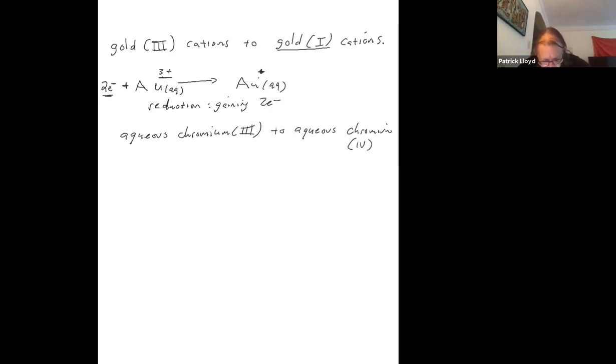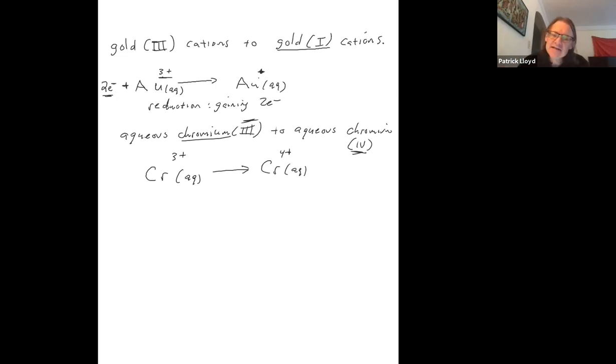So chromium is Cr. So here's your charge, plus 3. And it's going to aqueous chromium 4. So that's 4 plus. Okay. Now there's only a difference of 1.